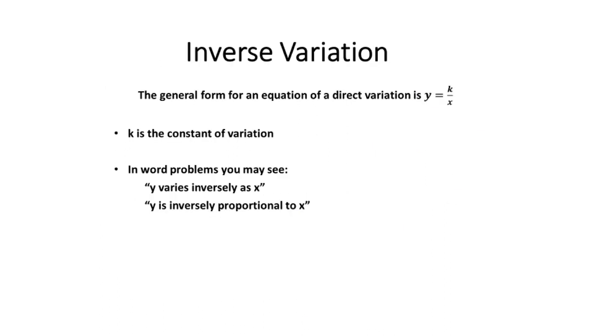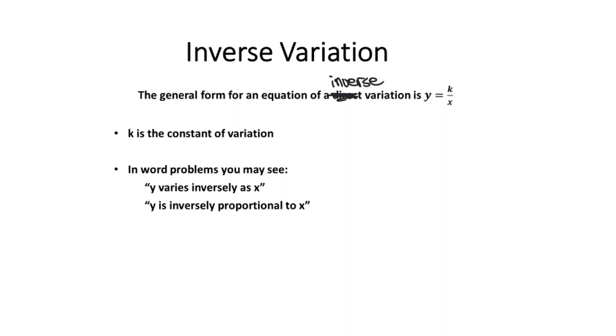All right, the next type of variation is inverse variation, and the general form for an equation of an inverse, this should say not direct, but inverse variation, is y is equal to k over x. k, again, is the constant of variation.